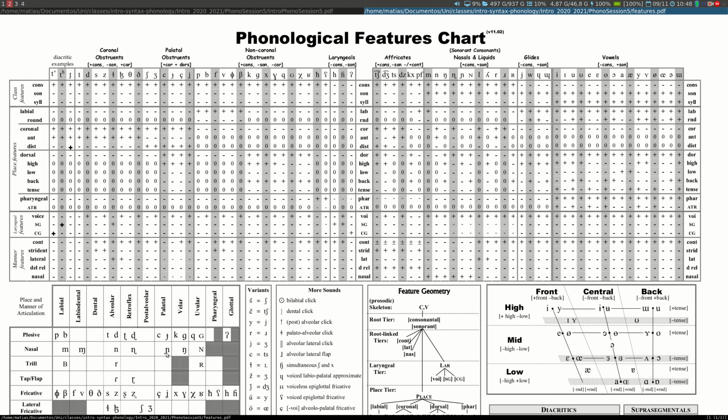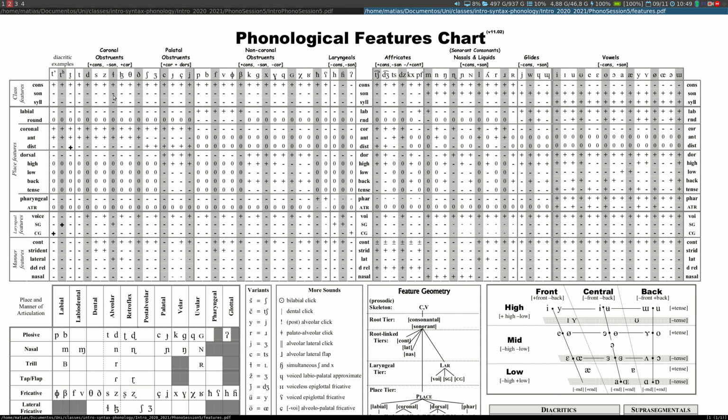In the IPA system, you use all the features to be as precise as possible about the actual pronunciation of the phonemes. With distinctive features, if we're describing a language, we don't want that. We want to have just enough features to capture all the contrasts that are there.